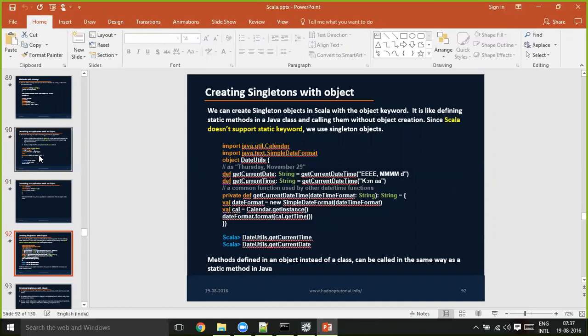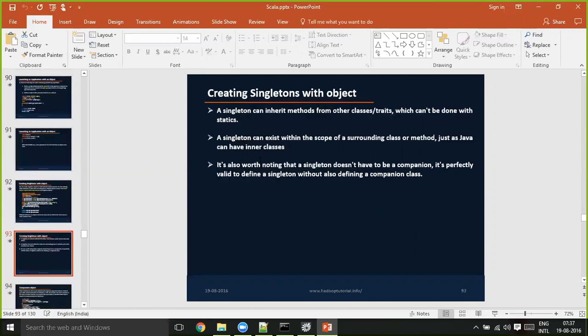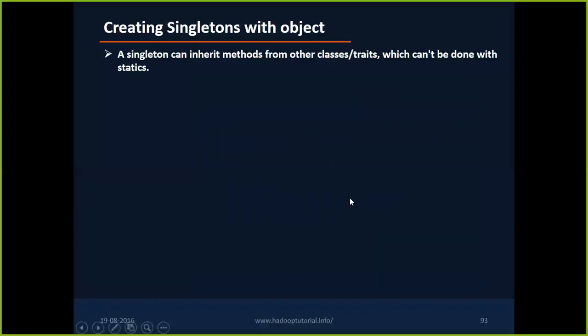So what does it mean by a trait? These are some of the conclusions for this singleton object. A singleton can inherit methods from other classes and traits, which cannot be done with statics. And this is the difference between the static keyword and these singleton objects.